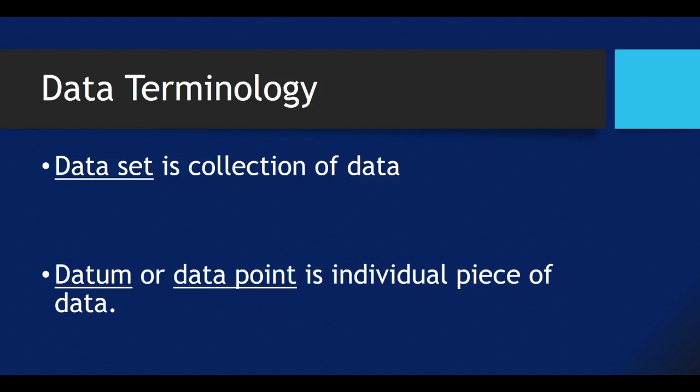If I talk about a single piece of data, one individual piece of data, I usually on my videos use the word data point. You'll notice if you read the book, they also give you the word datum. Datum or data point is a single piece of data. Datum is the more proper way, but again, I use the word data point as a single piece of data.